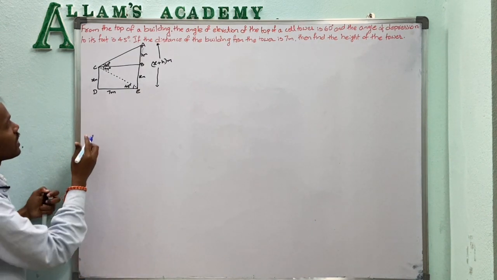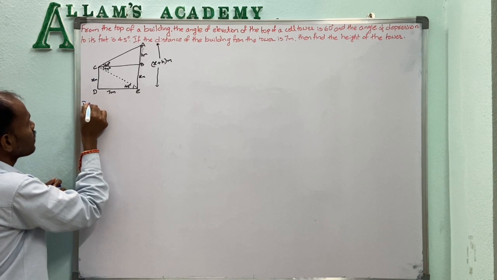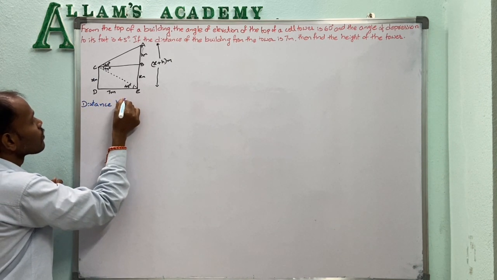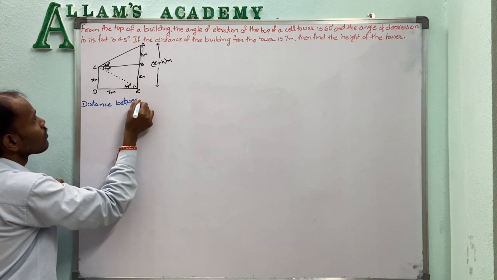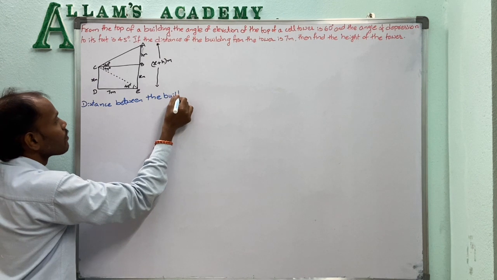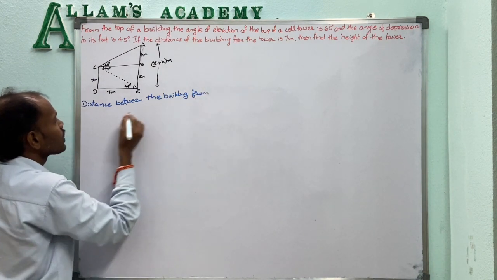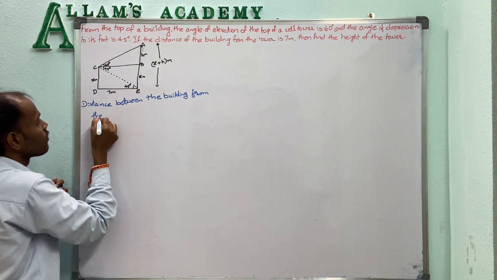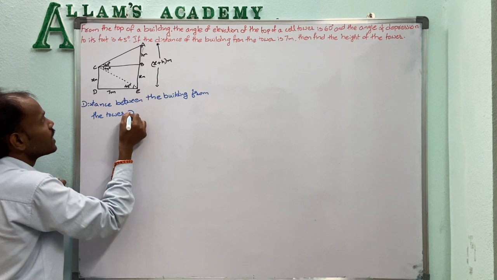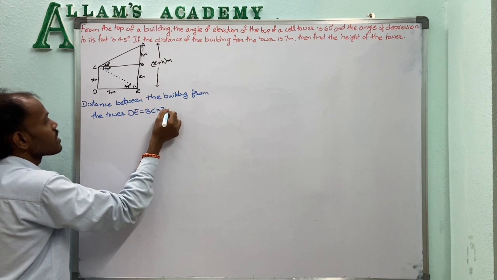So first, writing the given information, that is the distance between the building from the tower: DE equal to BC equal to 7 meters.